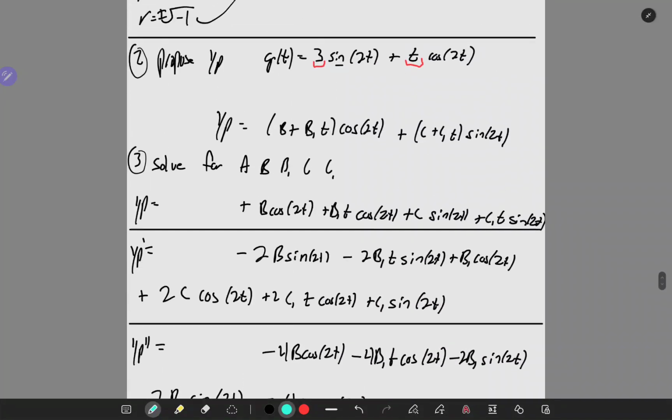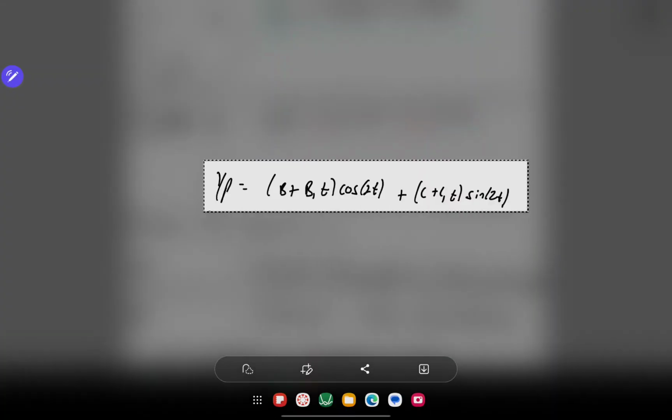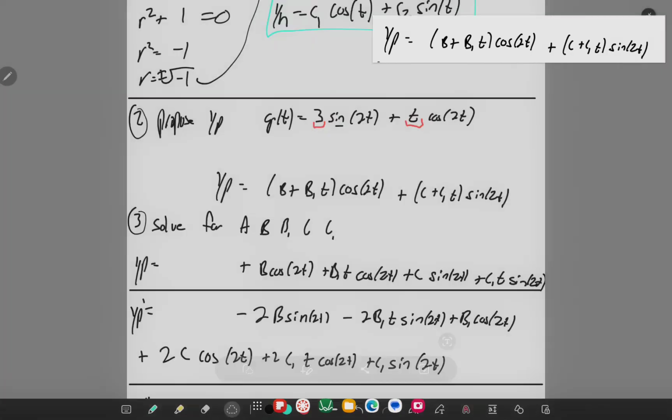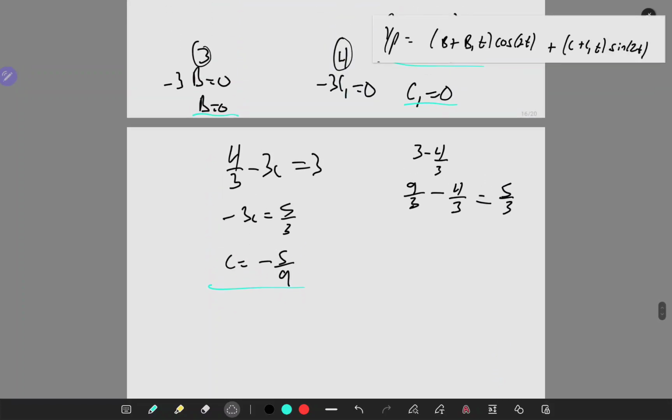So if we go back up to our y sub p now, man, I can't believe I missed a whole thing there. Let me pin this, go down to here. So then y sub p is equal to, since b and c1 are 0, we're going to have b1 times t.